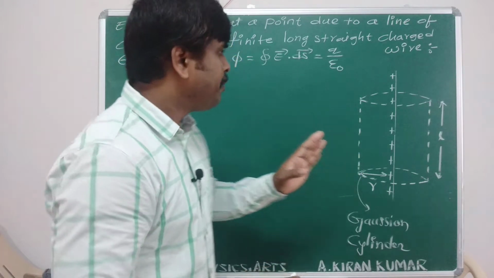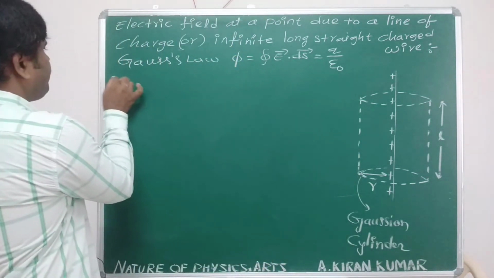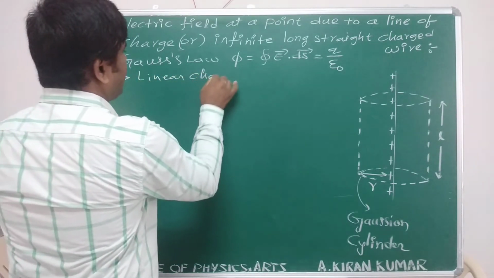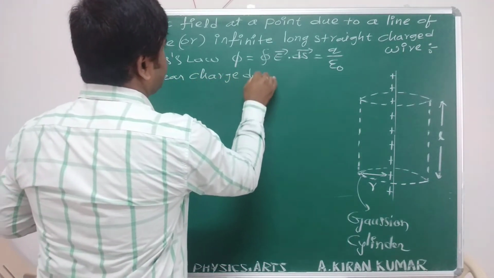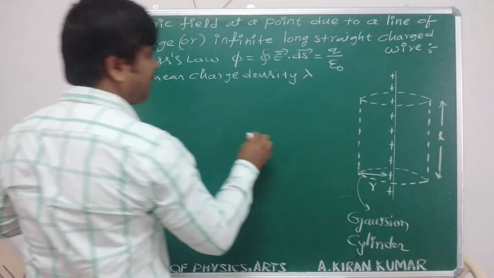Before going to that, we have to find the linear charge density. The linear charge density is indicated by the letter lambda.